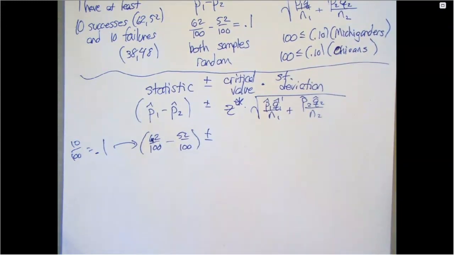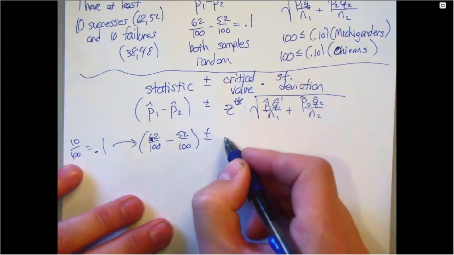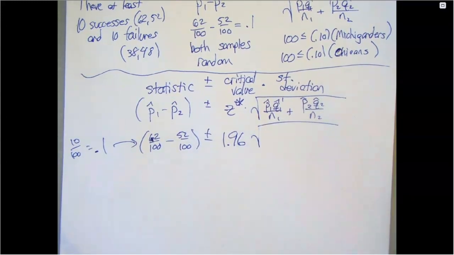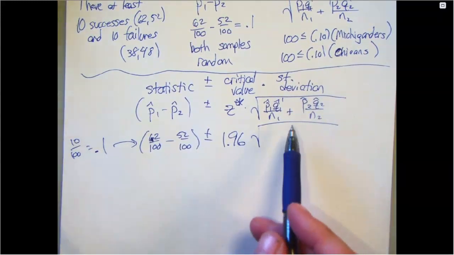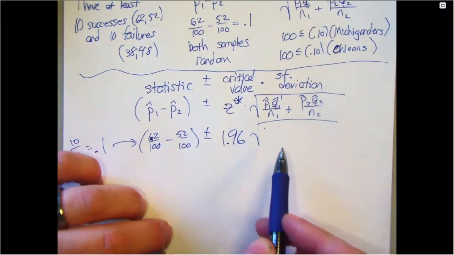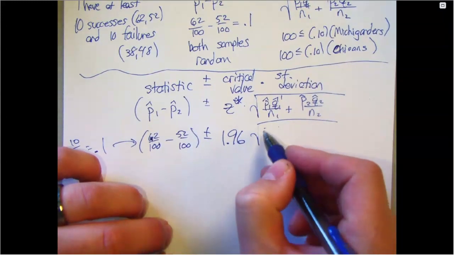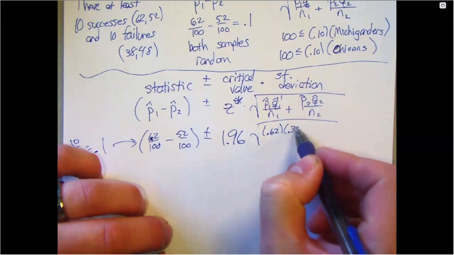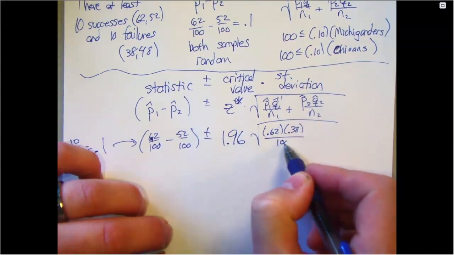Z star, so remember that's inverse norm. I'm going to do 1.95 divided by 2. So I get 1.96. And then I'm going to use the decimals in here. That's way easier. So P1 is really 0.62. So Q1 is 0.38. And n1 is 100.